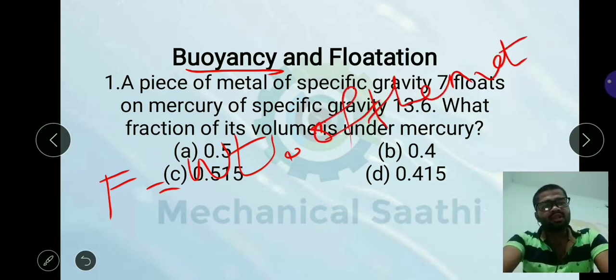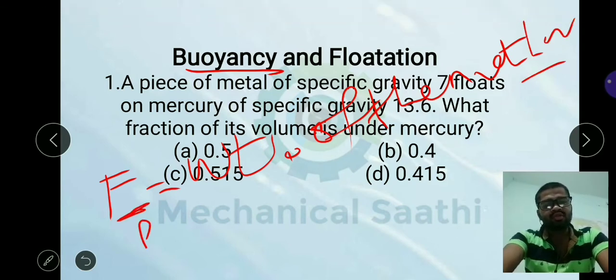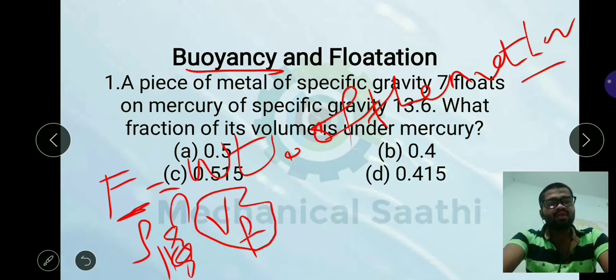What is that buoyancy force? Buoyancy force will be equal to rho of Hg into g into Vf, where Vf denotes the amount of volume that is inside the liquid, here inside mercury.